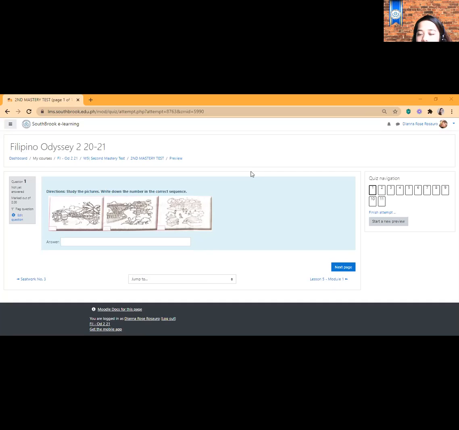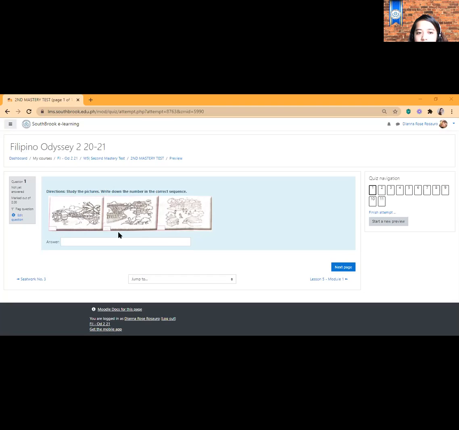the first part of the test, from numbers 1 to 5, is about sequencing the pictures. There are different types of pictures, right? All you have to do is sequence the beginning of the place. Example, you have to arrange the pictures from the old place to the new place, or the old place to the modern place.